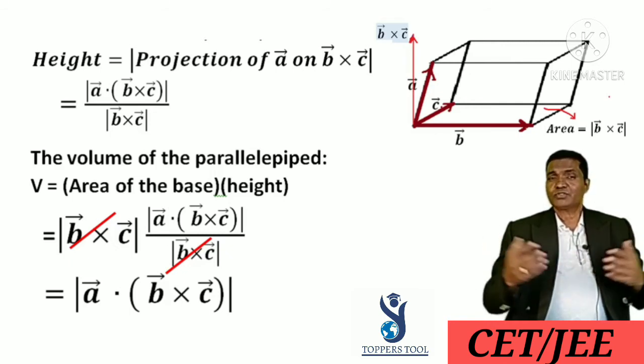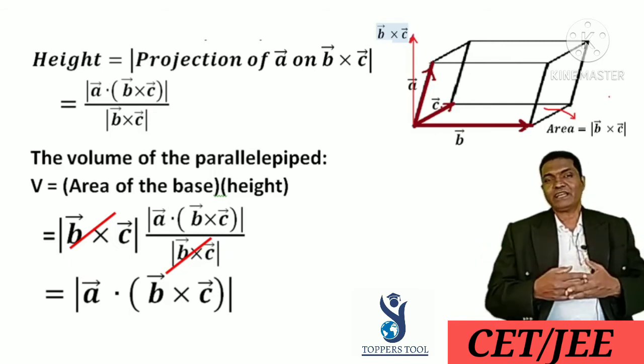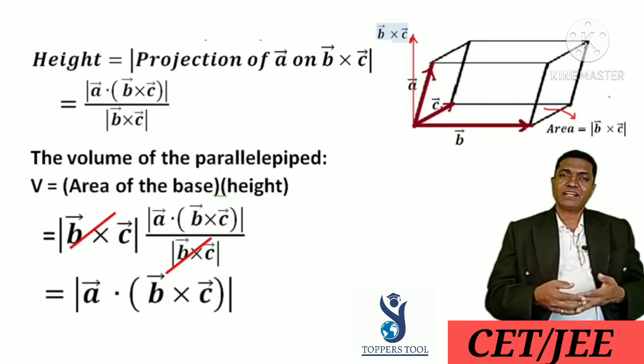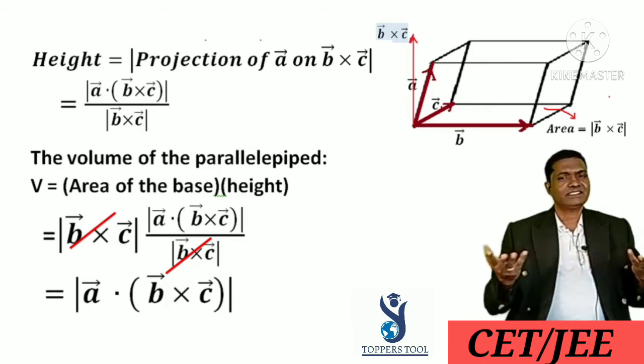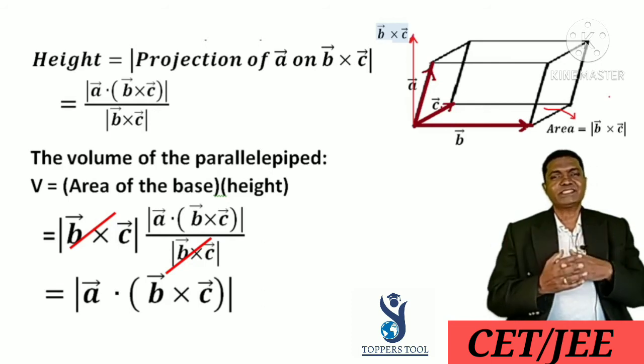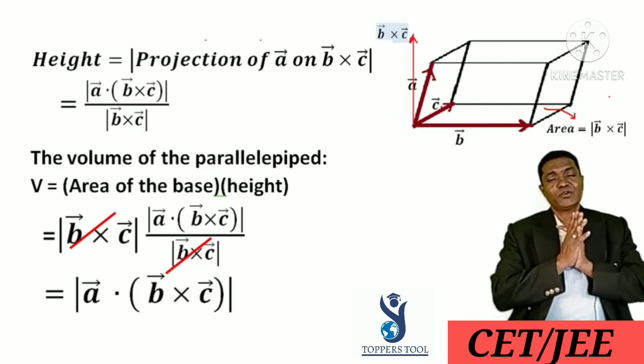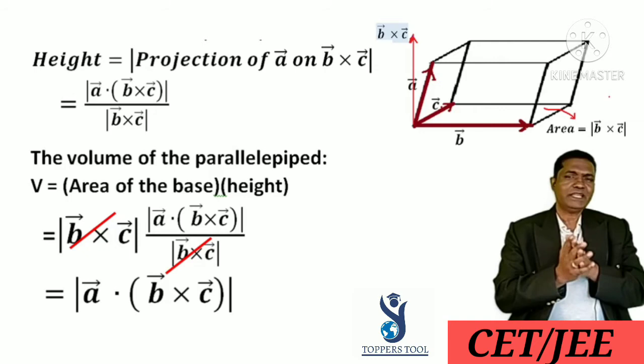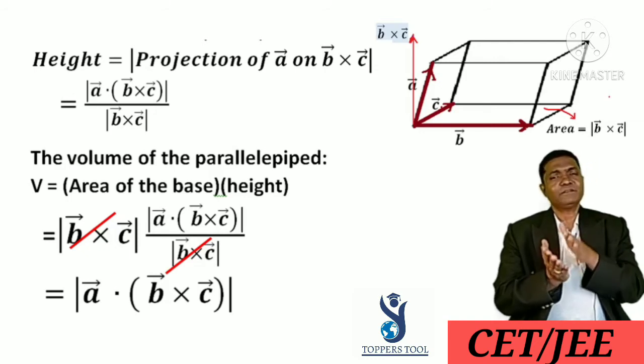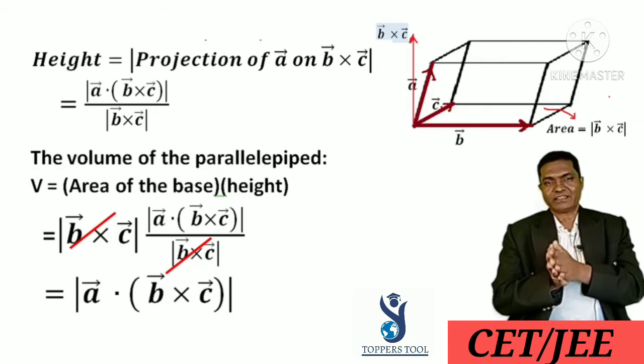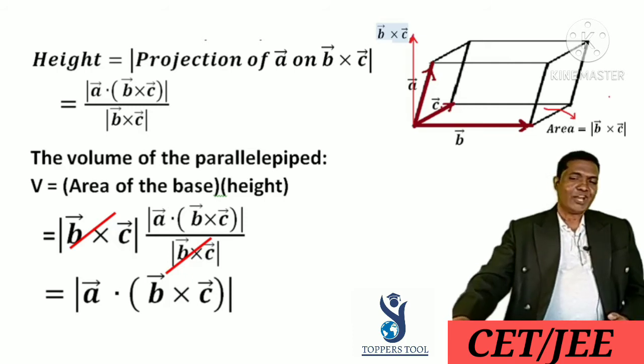So if you are asked to show that three vectors are coplanar, then you have to show that their scalar triple product is 0, because the volume in such a case is going to be 0 when the three vectors are on the same plane, or they are coplanar. So that is one important point to be noted.